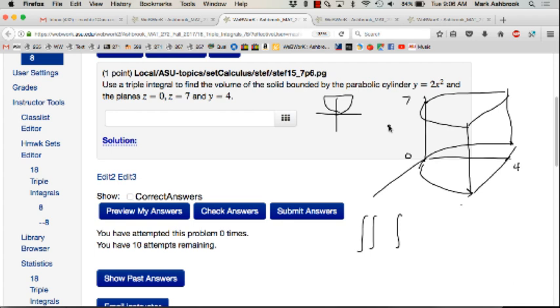What about B? B would be back to front. It's totally doable. It's just that we'd have to solve this for x, and we'd have square roots involved.